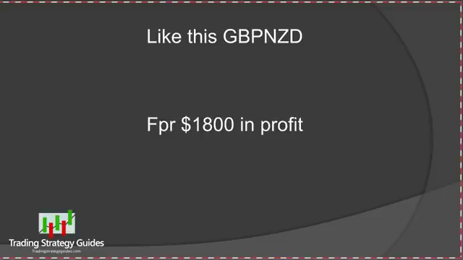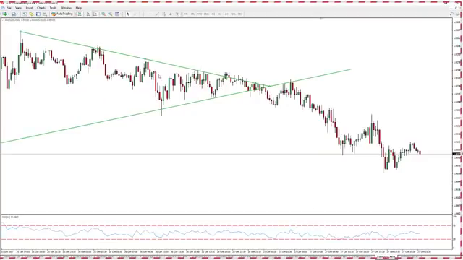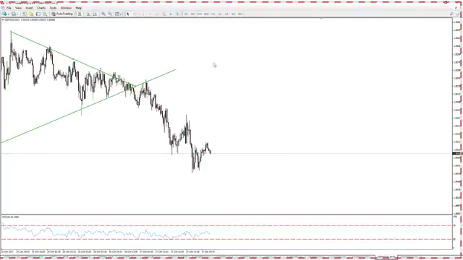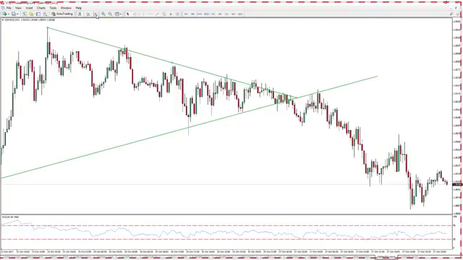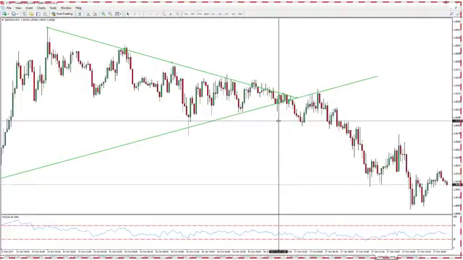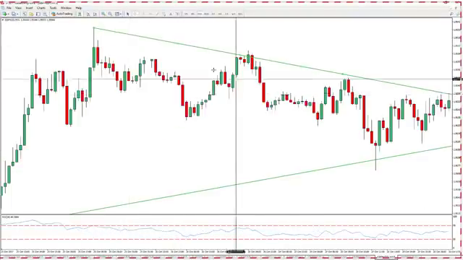Just like this Pound New Zealand trade for $1,800 in profit. I just wanted to pull that up here on the chart. Let me zoom this out. You can see this trade was triggered. It's a 15-minute chart, an $1,800 trade on a 15-minute chart.